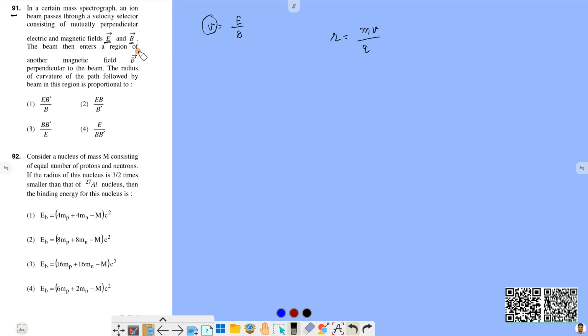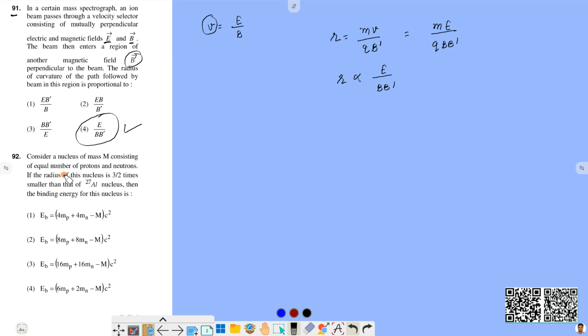Here the magnetic field for the curved path will be B dash, so r is equal to mv by qB dash. Now the value of v is E by B, so this will become mE divided by qBB dash, and from that we can write that r is proportional to E divided by B dash. That is option 4 for us. So option 4 is going to be the right answer.